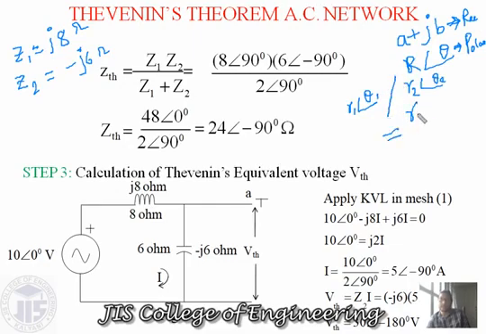The overall value is R1 divided by R2, and the angle will be theta 1 minus theta 2. Using that formula, the value here is 24, and at the time of division the angle is subtracted, so it comes to minus 90.